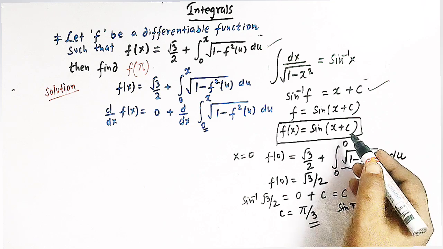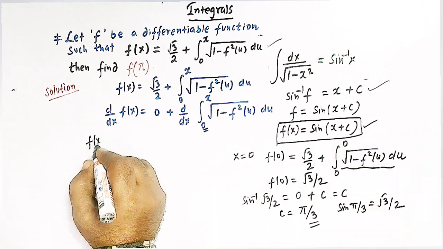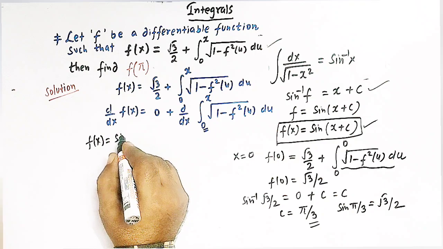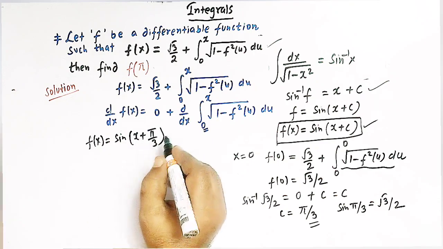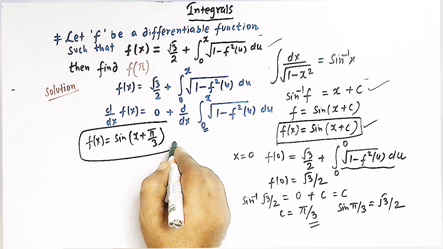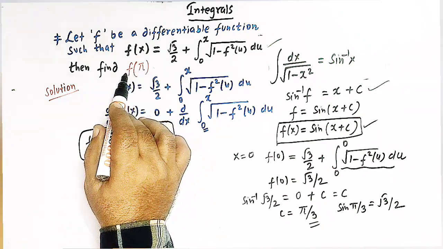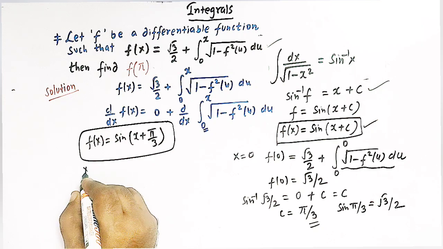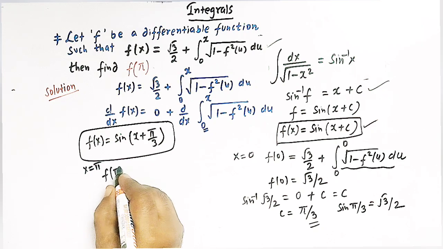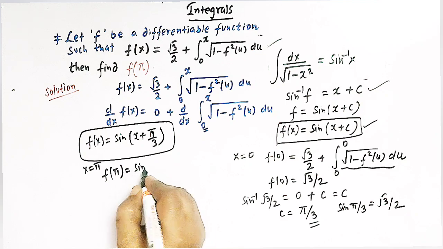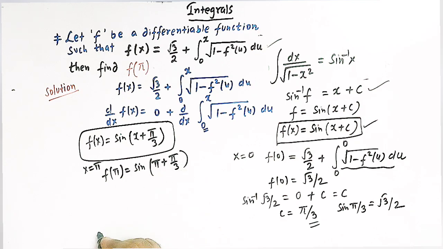So let us take this value in this relation. We have f of x is equal to sine of x plus pi by 3, right? So this is our required function f of x, and let us find out the value of f of pi by taking x is equal to pi, right? So we have f of pi is equal to sine of pi plus pi by 3, right?